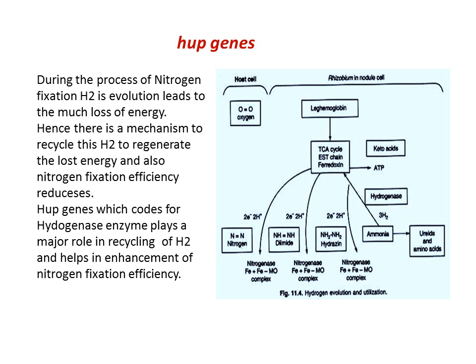Since this hydrogen is very important for the reduction process, it should not go to waste. Even for the synthesis of this hydrogen during nitrogen fixation, a large amount of energy would have been utilized. Hence, this hydrogen has to be recycled. This can be done by an enzyme called hydrogenase, which is synthesized by the HUP genes, and which plays a major role in recycling of hydrogen and also helps enhance nitrogen fixation efficiency, so that the energy utilized for nitrogen fixation does not go to waste.